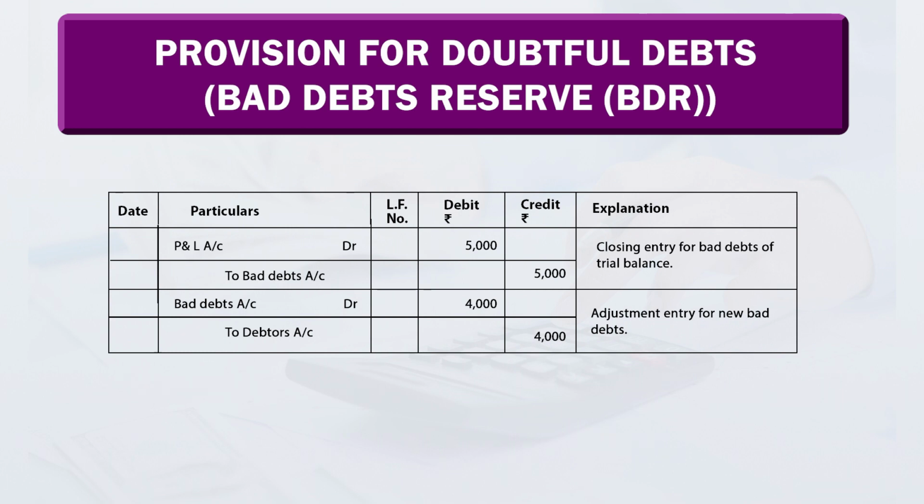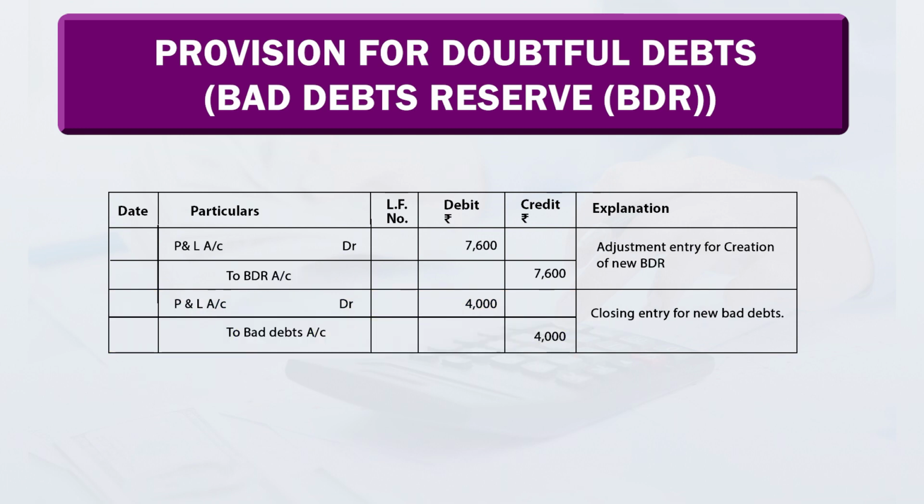Here we have bad debts in our trial balance of 5,000. So, profit and loss account will be debited by 5,000 to bad debts account 5,000 rupees, a closing entry for bad debts of the trial balance. Then the new bad debts account which we have created, friends, is a new adjustment. So, bad debts account will be debited by 4,000 rupees to debtors account 4,000 rupees.